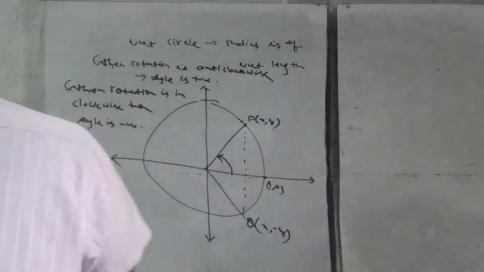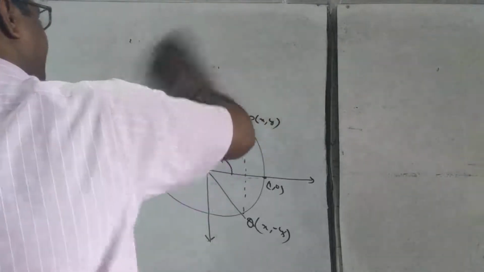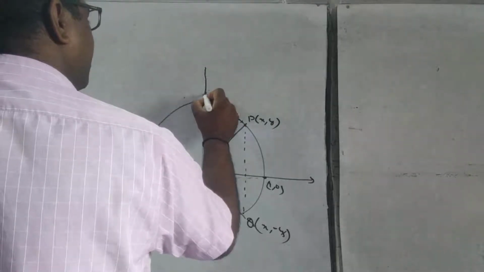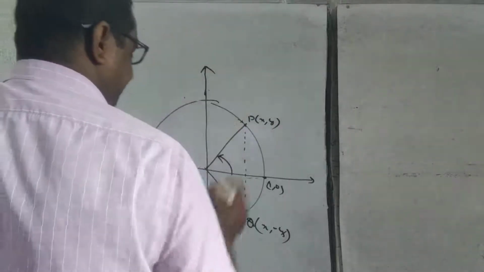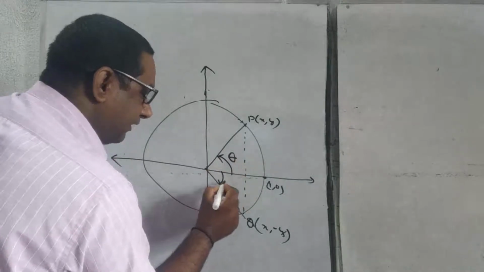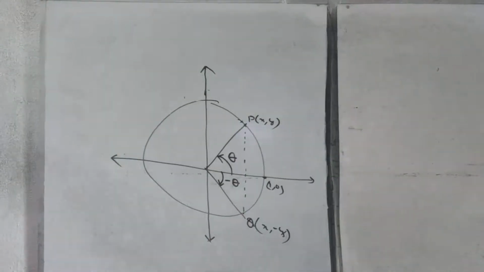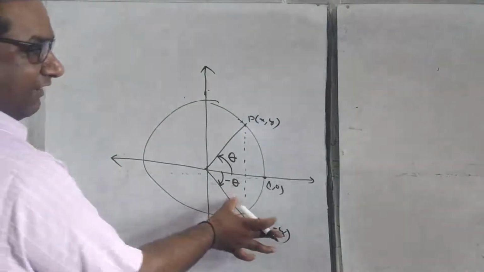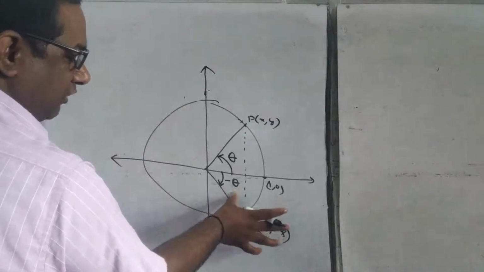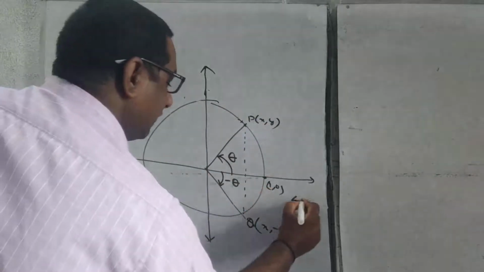Since we are talking about negative angle, we are considering the clockwise direction. So this is plus theta, and if I move this way, this is minus theta. Our concern is negative angle. So negative angle, that is minus theta, is always going to fall in the fourth quadrant.